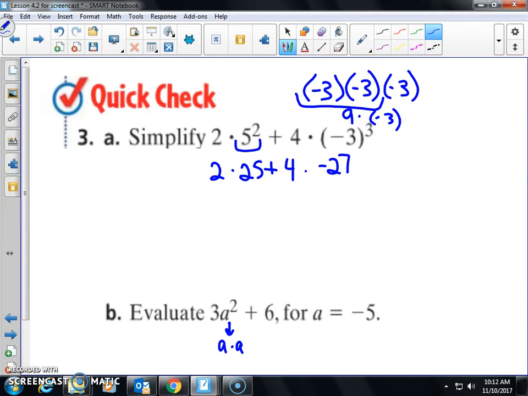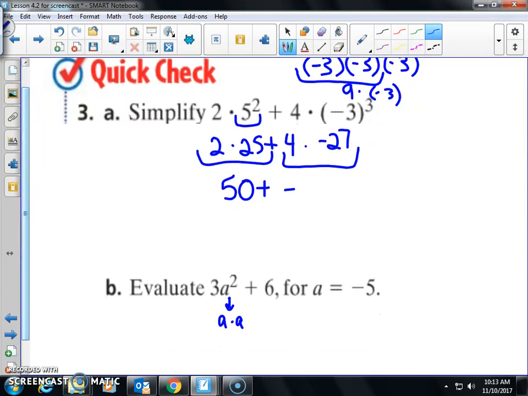Let's see. Parentheses, exponents, multiply and divide from left to right. 50 plus negative 128. When I add those together, I get negative 78 as an answer.